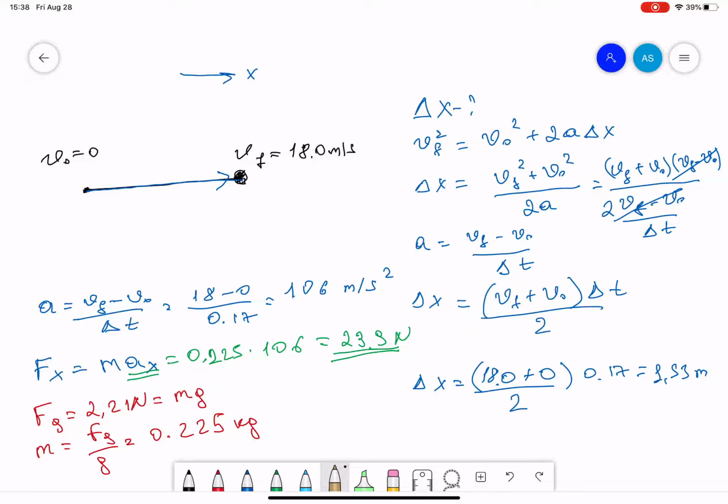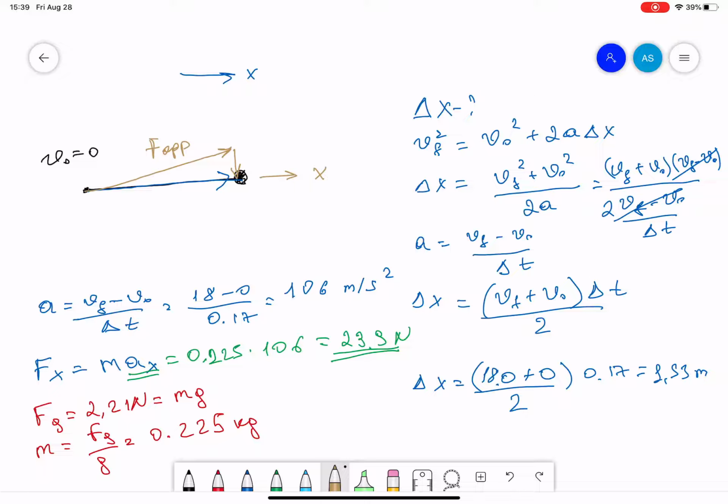So the pitcher has to exert this applied force so that, with the gravitational force pointing exactly downwards, the ball can fly only in the positive x direction.